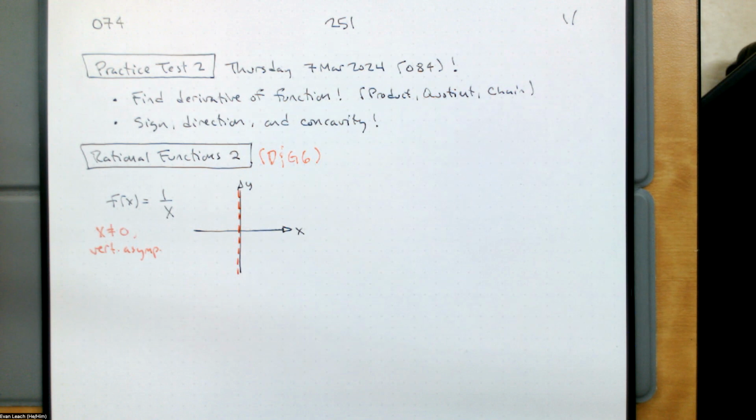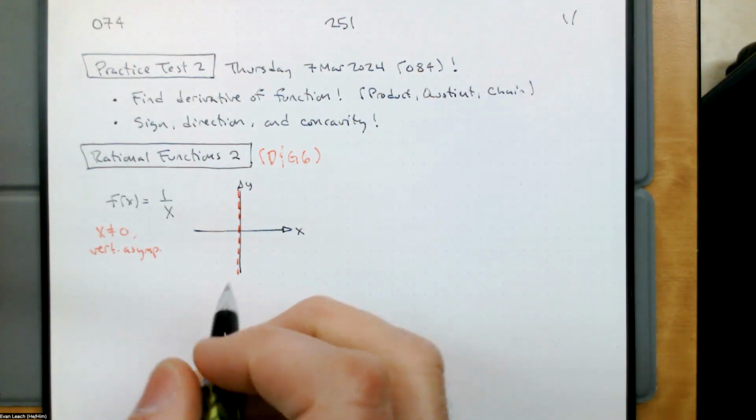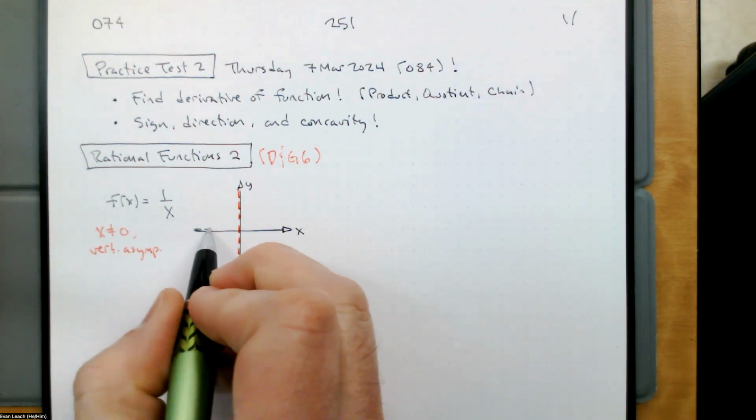The other thing that we noticed about this graph is that as x goes to infinity, this function goes to 0. So we have a horizontal asymptote.